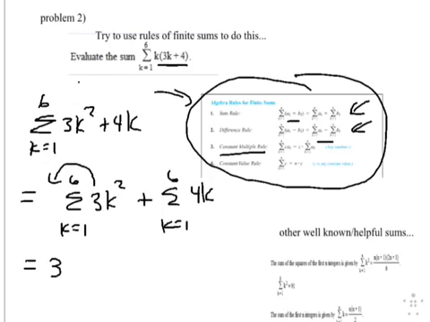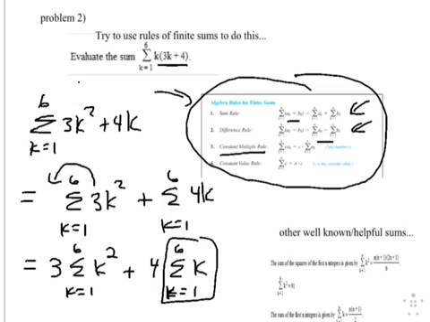So we can call that 3 summation k squared, k going from 1 to 6, and we can call that 4 summation k, k going from 1 to 6. Then we can start to apply some very famous rules, like the sum of the first n integers from 1 to n. This is a very famous one, the Gauss one, is n times n plus 1 over 2.